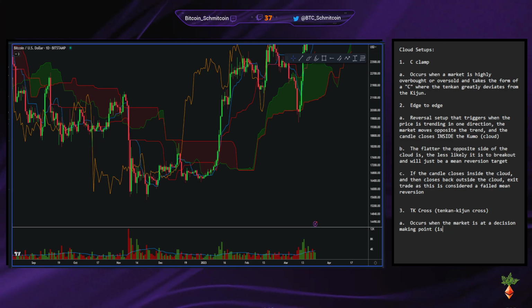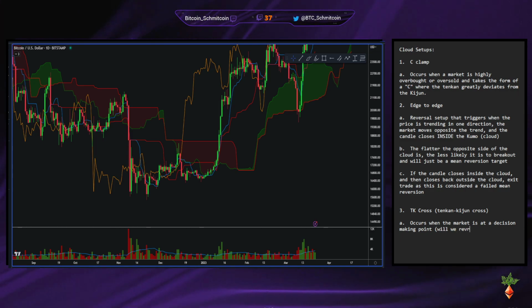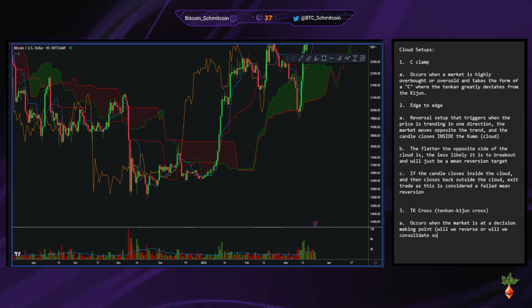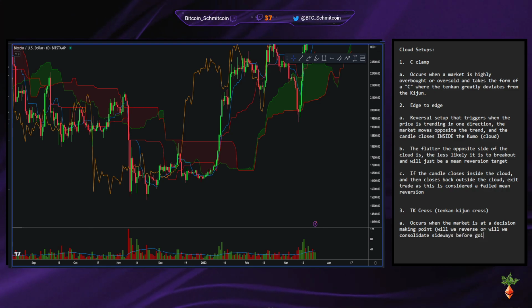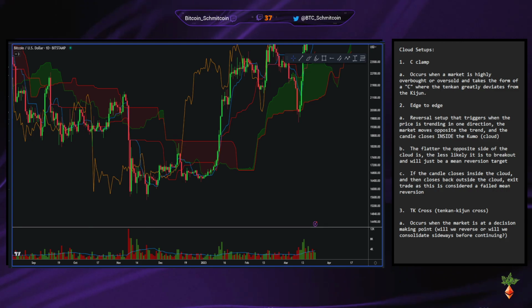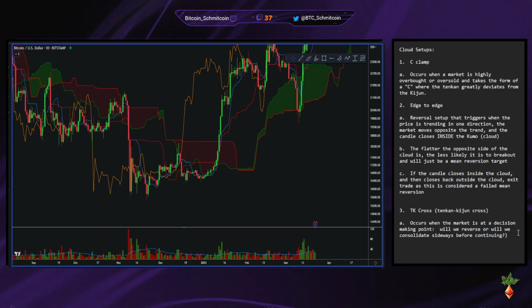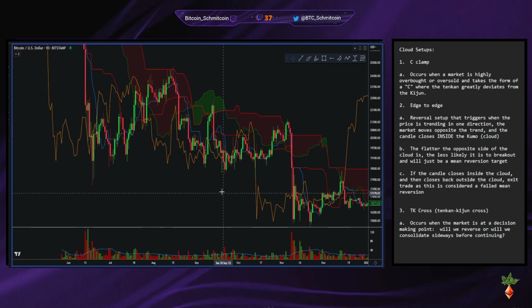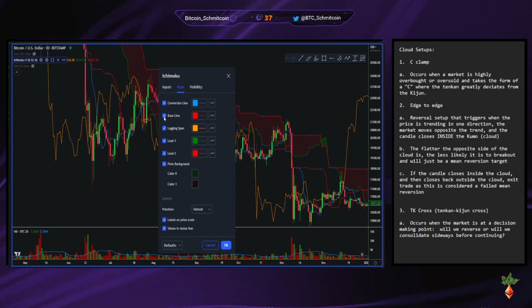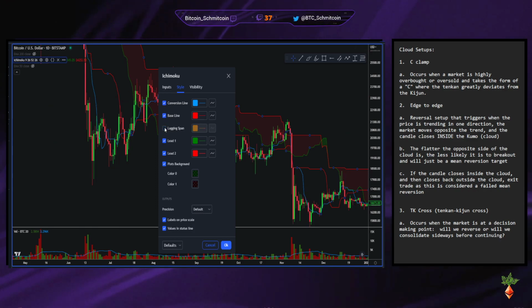Will we reverse, or will we consolidate sideways before continuing? So I'll take some of this other stuff off the chart.